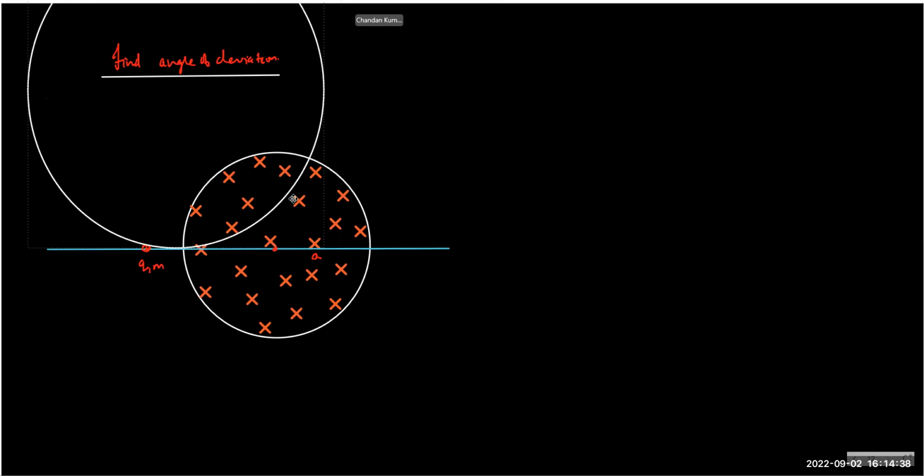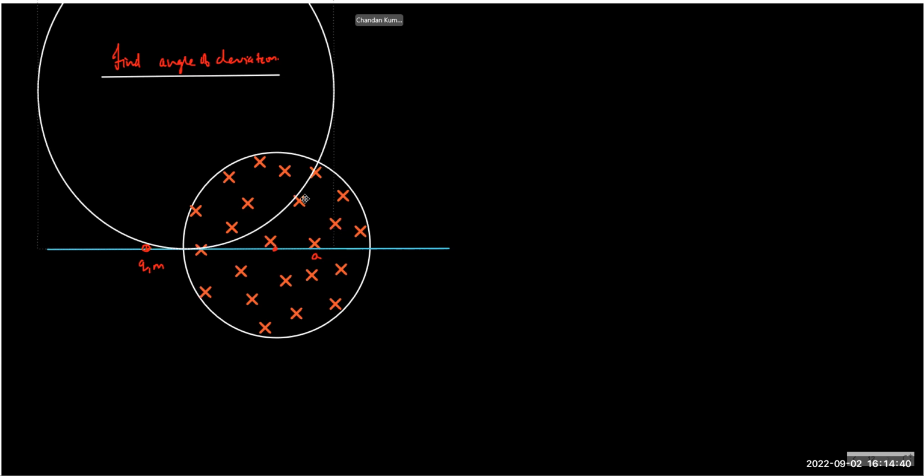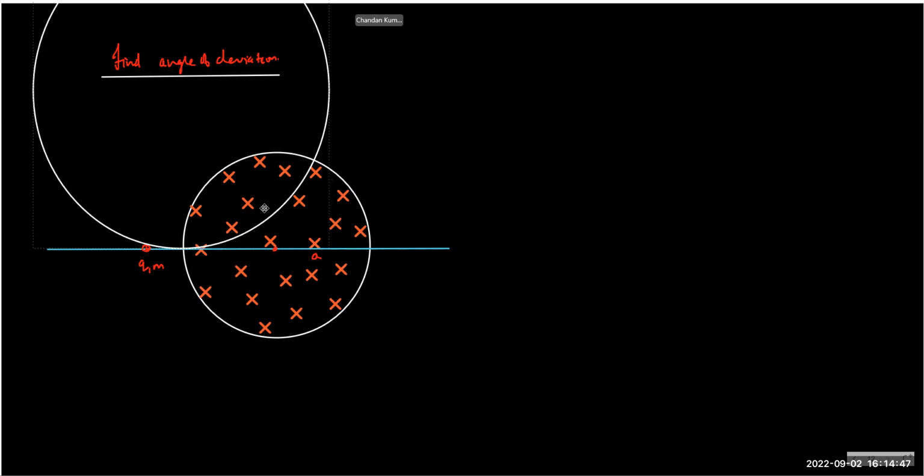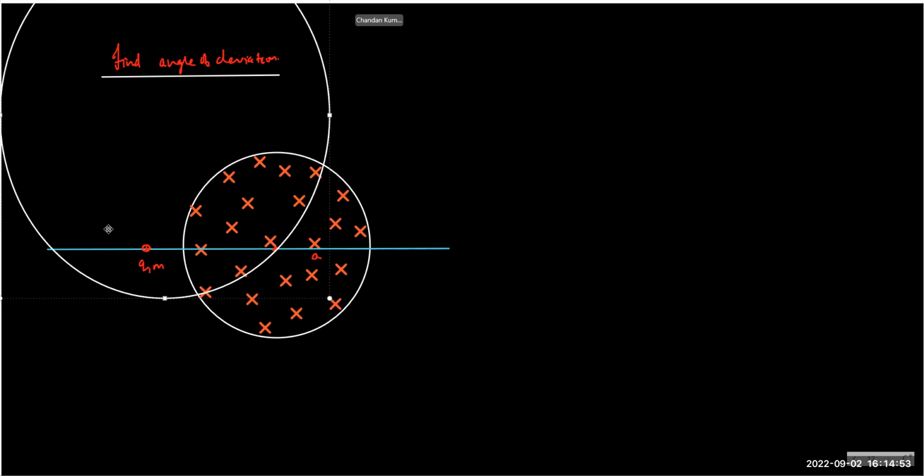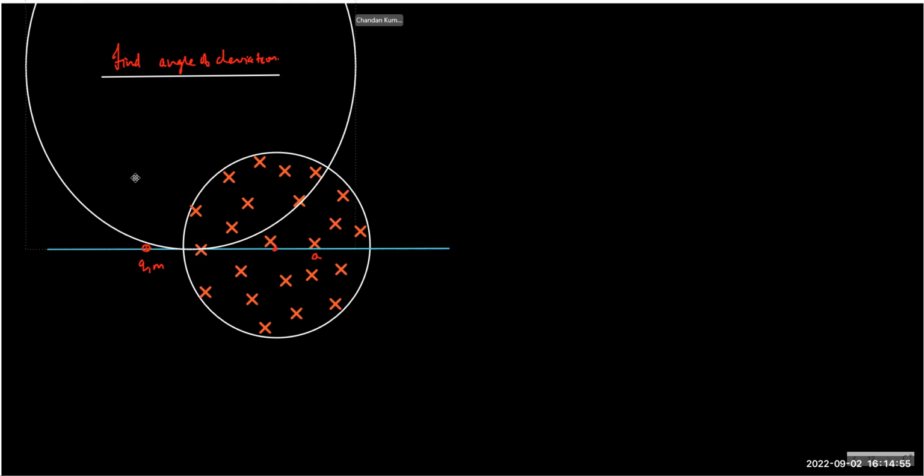Imagine this circle. So it will enter like this, and will exit this way. I can make it even bigger. Okay, this is better.